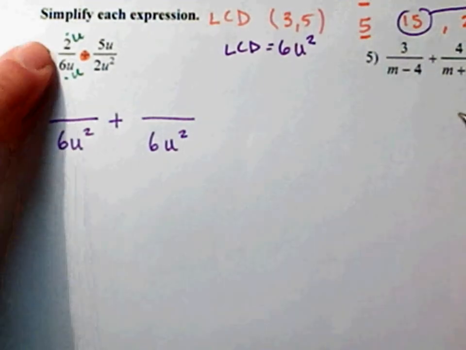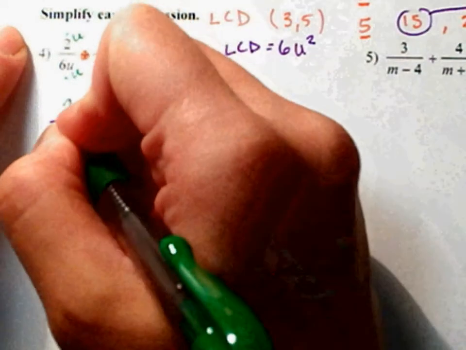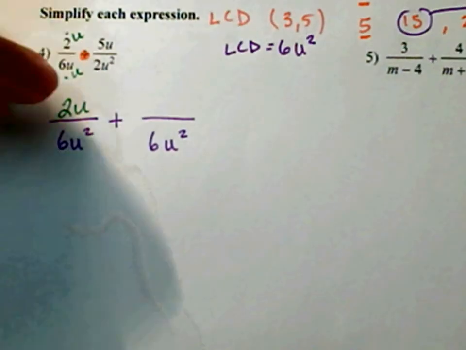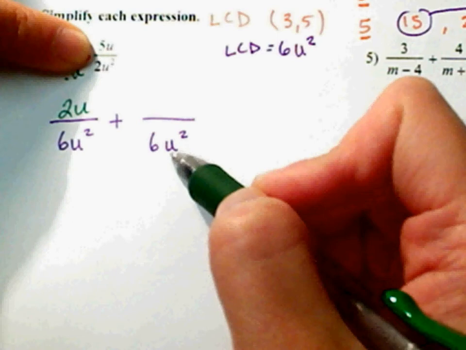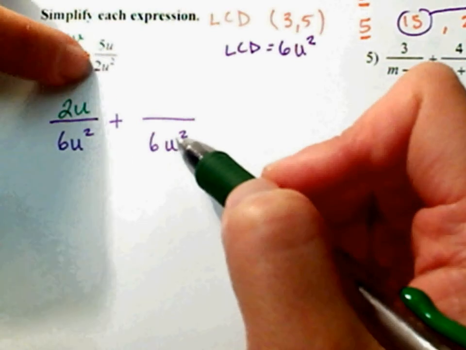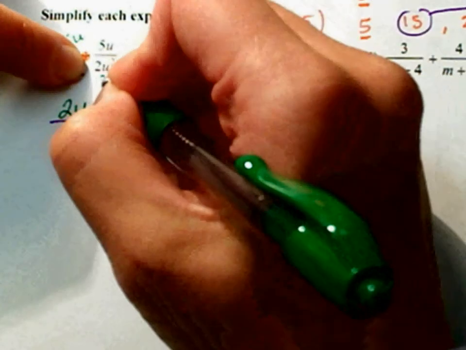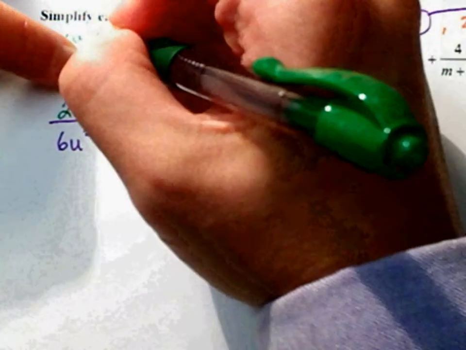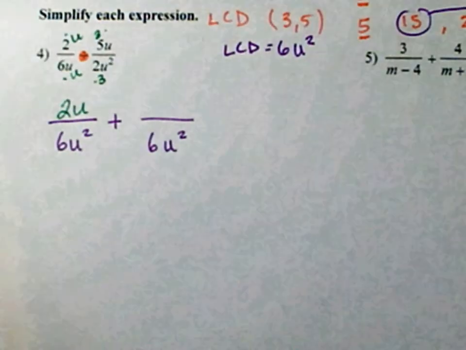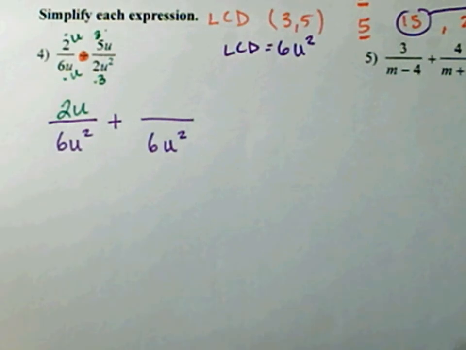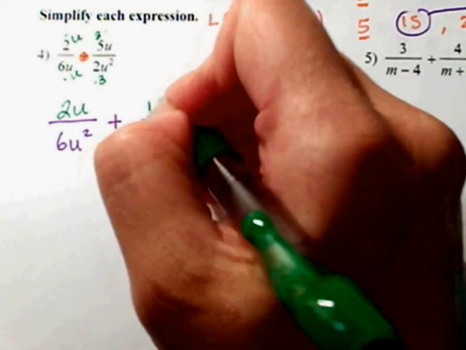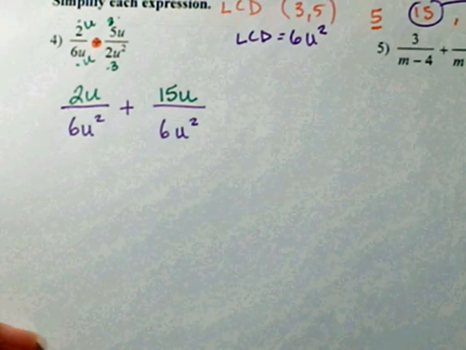So 2 times u is 2u. Next part, I want to make this one look like 6u squared. What hasn't been accounted for? What do I multiply this 2 by? A 3. What you do to the denominator, do it to the numerator. You're trying to keep it equivalent. So therefore, 3 times 5 is 15u. Okay?